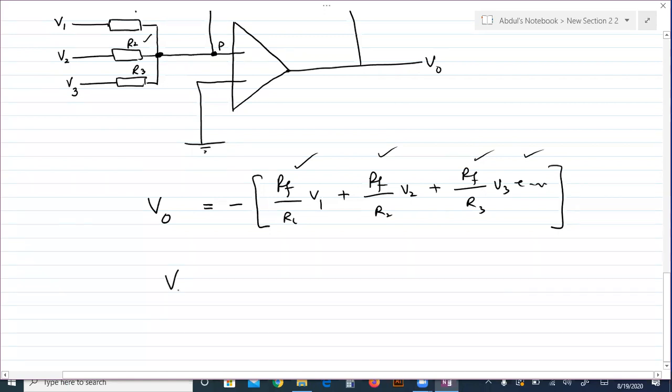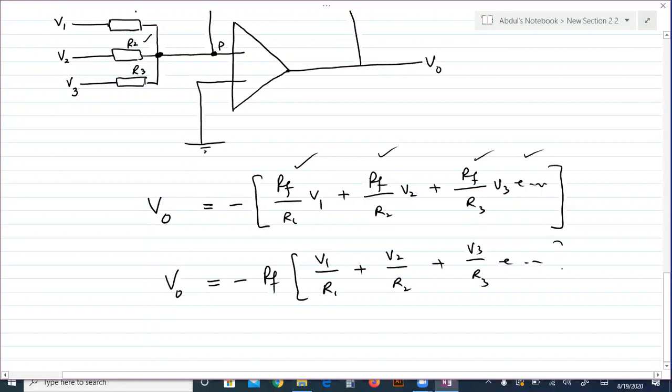And sometimes it is also written as minus RF, common, V1 over R1 plus V2 over R2 plus V3 over R3, and so on. And this is the formula when this operational amplifier is used as a multiplexer.